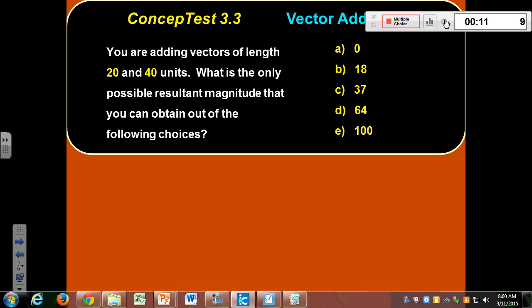Think about what's the maximum and the minimum you can get when you add up these vectors. All right, just a few more seconds. I'll stop at 50.